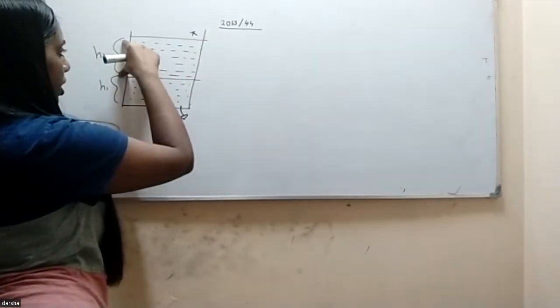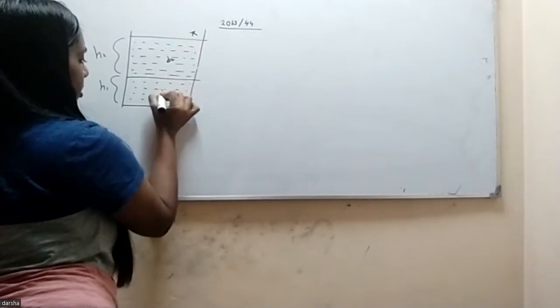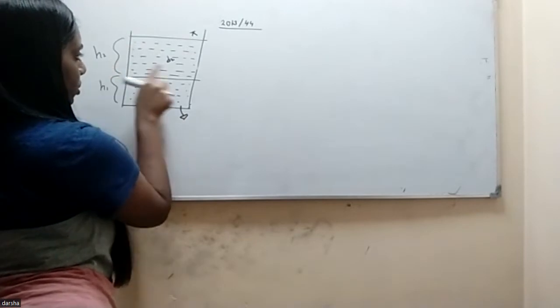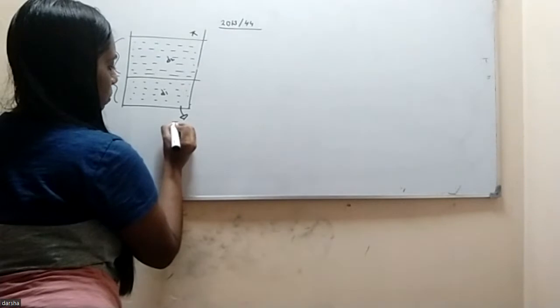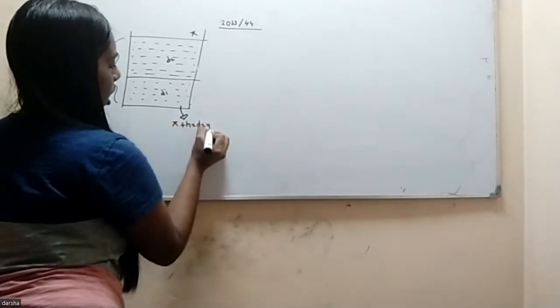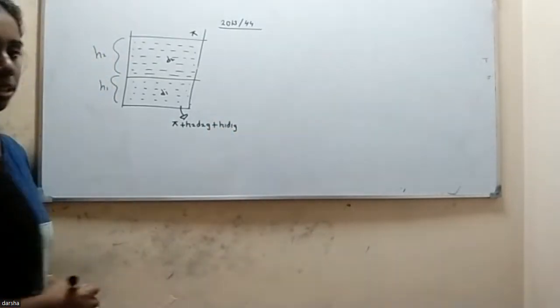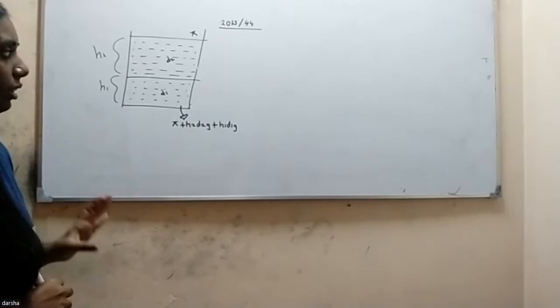Due to the height of the liquid column, this is density D2, this is density D1, there will be pressures H2 D2 g and H1 D1 g. Therefore, the pressure at this particular point is P0 plus H2 D2 g plus H1 D1 g. This is when the liquid is still.